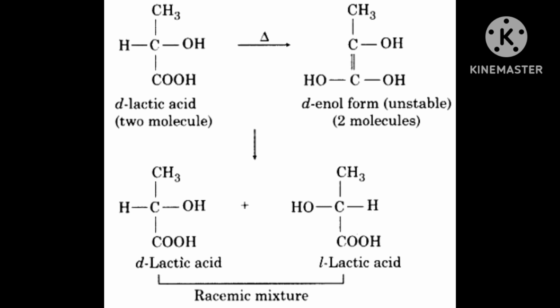Then if a 50-50 mixture of the above two is obtained, the process is called racemization, and the product is optically inactive, as one isomer will rotate light in the direction opposite to the other. Why will it be inactive?